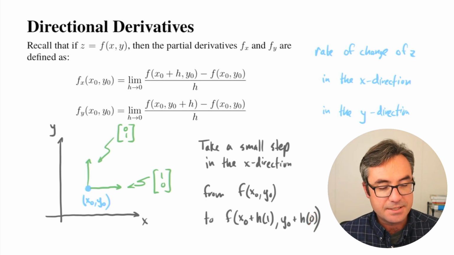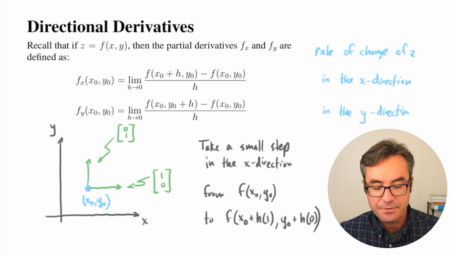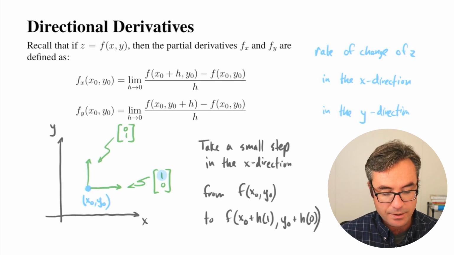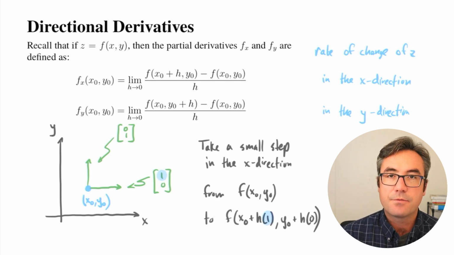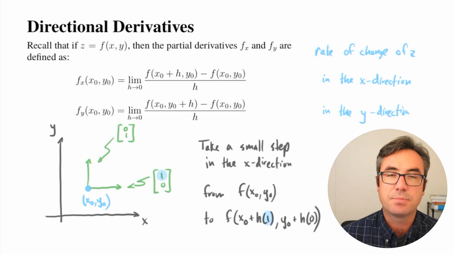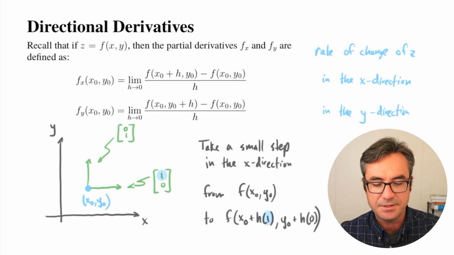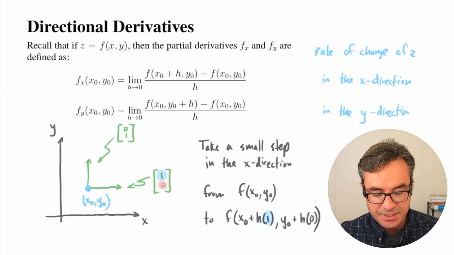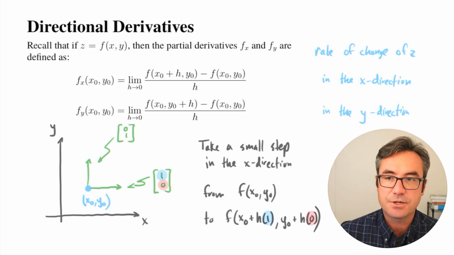And so you can see that the x coordinate of 1 for our unit vector is the constant here that I'm multiplying by our small step size. And then the 0 is the 0 that shows up there.